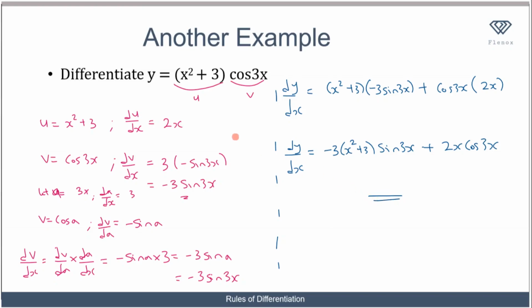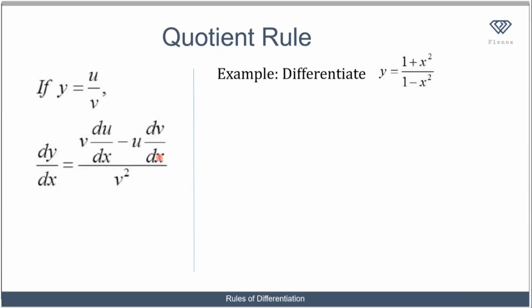So this is the differential of this function, and this explains how we make use of the product rule. Now let's go to the final rule for the purposes of JAMB, which is the quotient rule. The quotient rule has to do with division. The product rule dealt with multiplication, while the quotient rule deals with division.